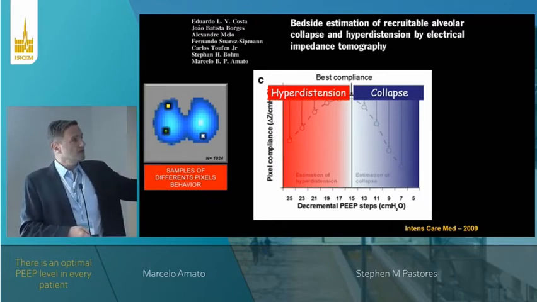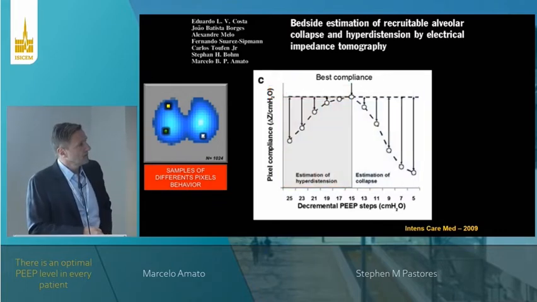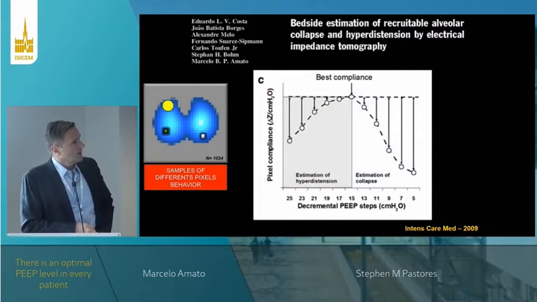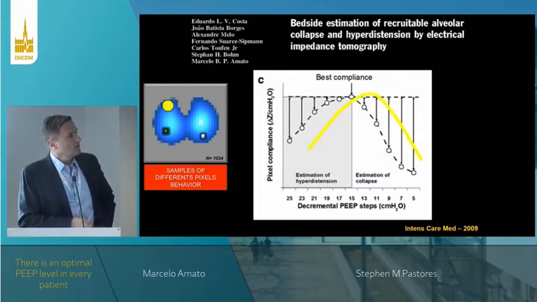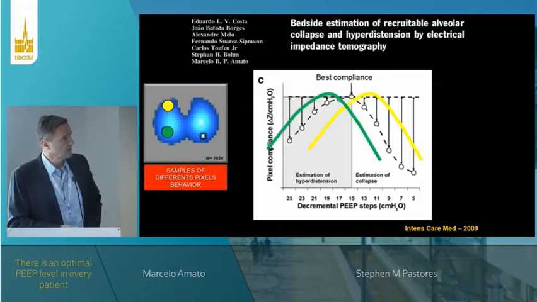The problem is that each pixel in this image has a different curve because it is in a different part of this curve. So if I do the same curve, for instance, for this yellow pixel, I will get this curve. If I do the same titration curve for this green pixel, I will have this curve.